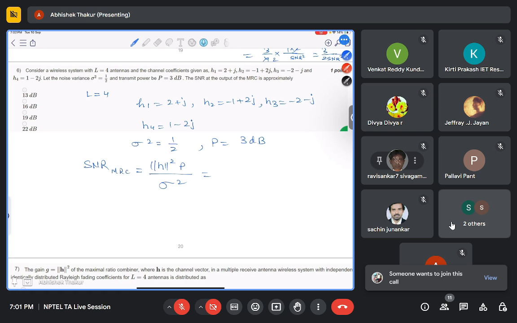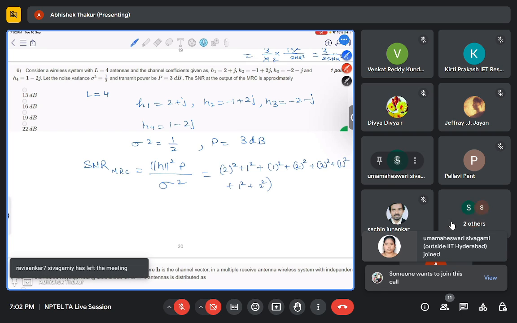So here, this is our H value and power is given as 3 dB.